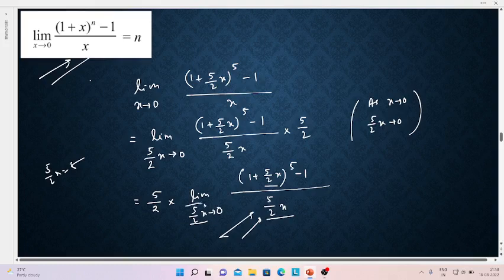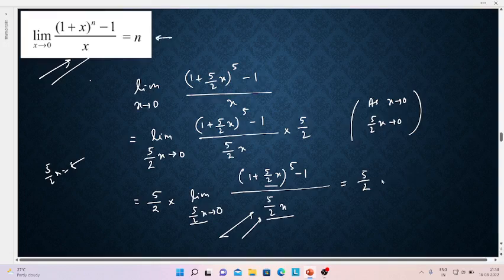You have to think from a wide perspective. So you can realize that limit 5 by 2 times x tending to 0, (1 plus 5 by 2 x) whole to the power 5 minus 1, upon 5 by 2 times x, is nothing but 5, because (1 plus x) to the power n minus 1 upon x is equal to n, right?